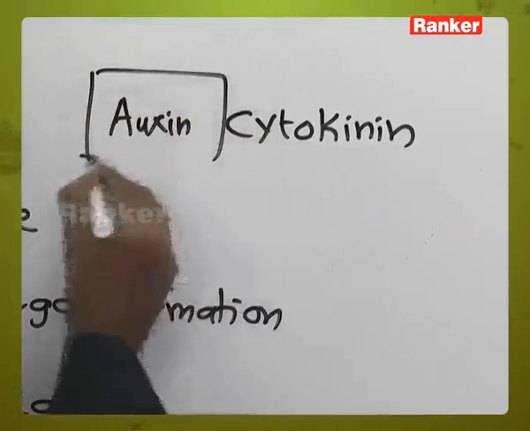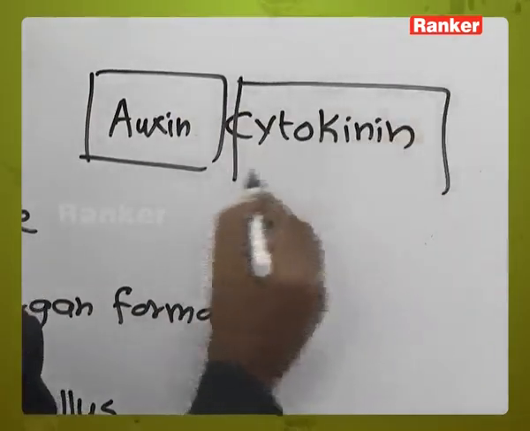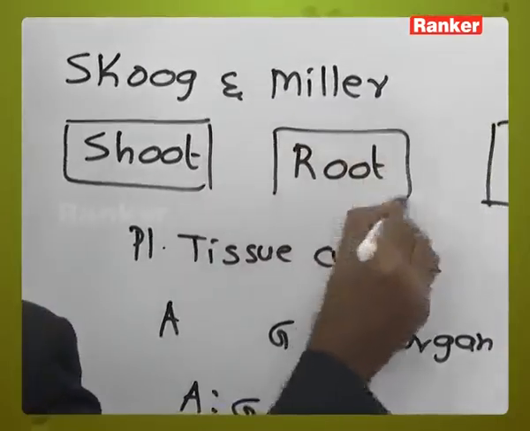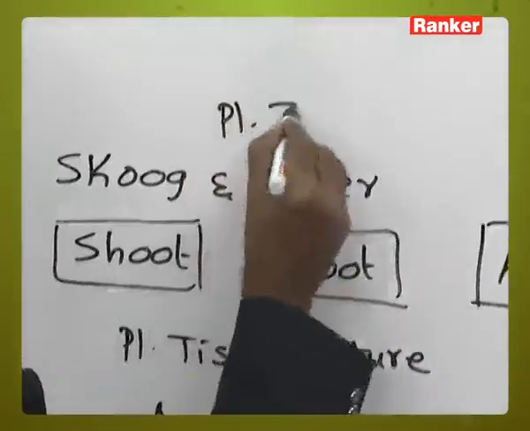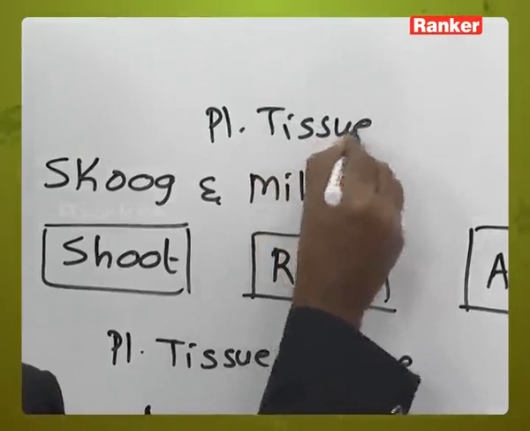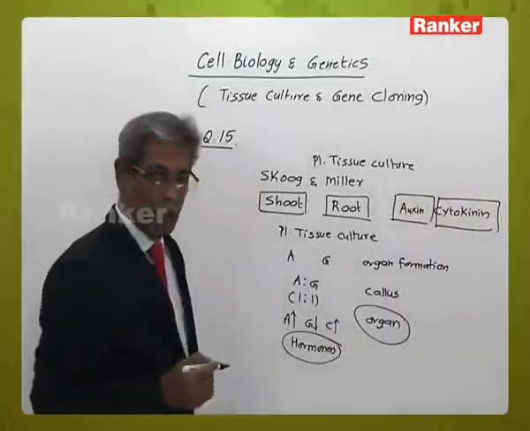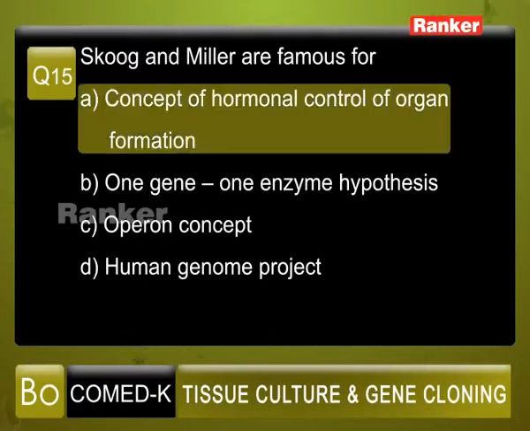The auxin cytokinin ratio determines the formation of shoot and root in plant tissue culture. The right answer is A.